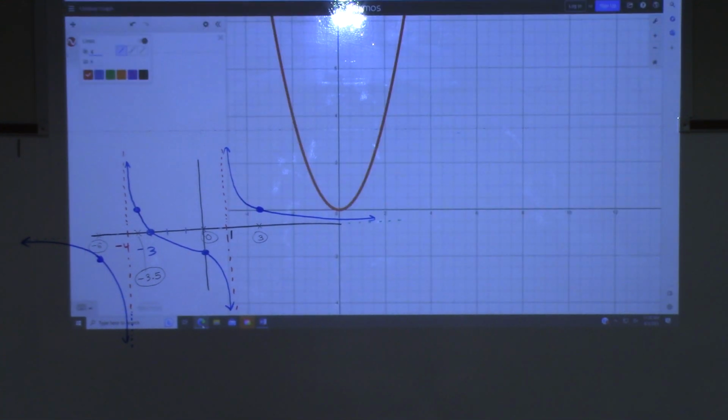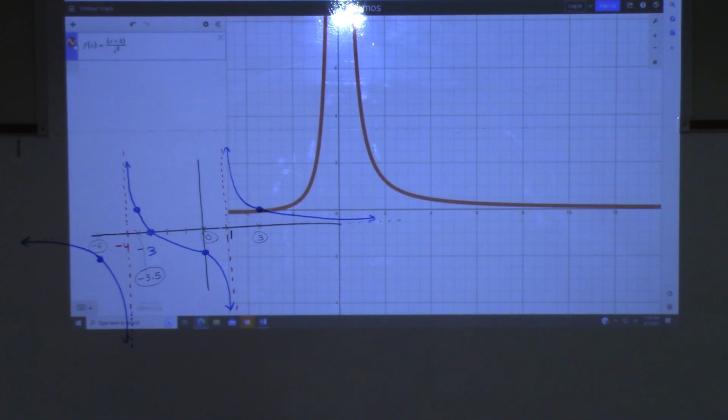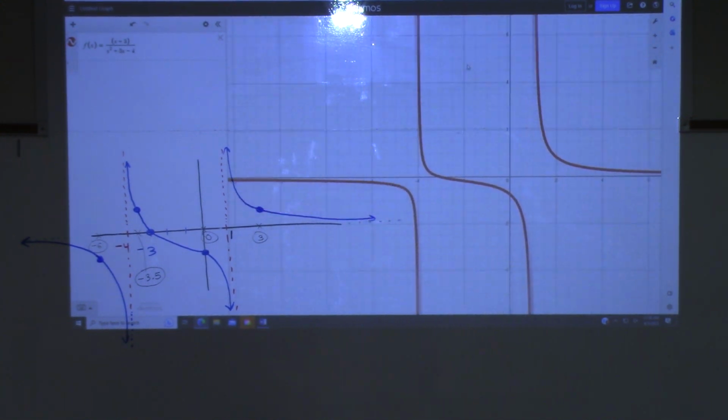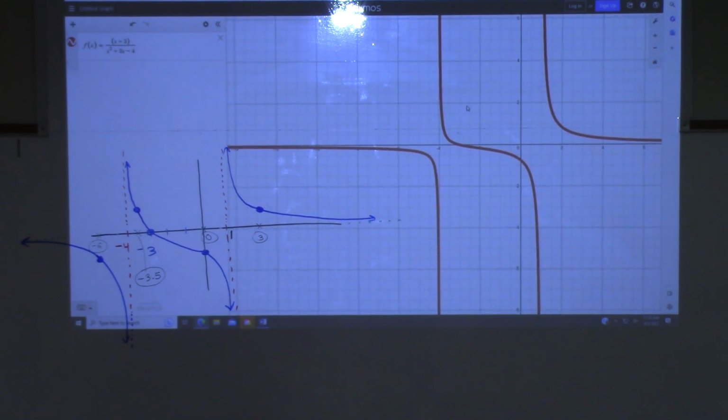So I'm going to go to Desmos, that graphing software, and I'm going to have Desmos graph this for us. I'm going to have it graph f of x equals x plus 3 over x squared plus 3x minus 4. And this is Desmos's version of the graph versus our version.